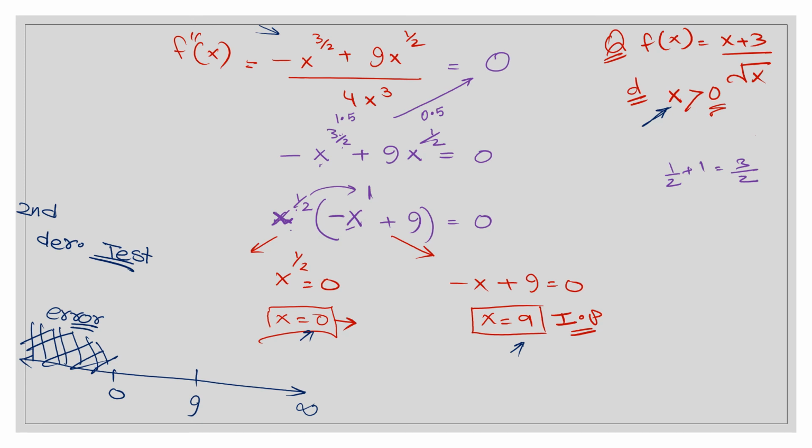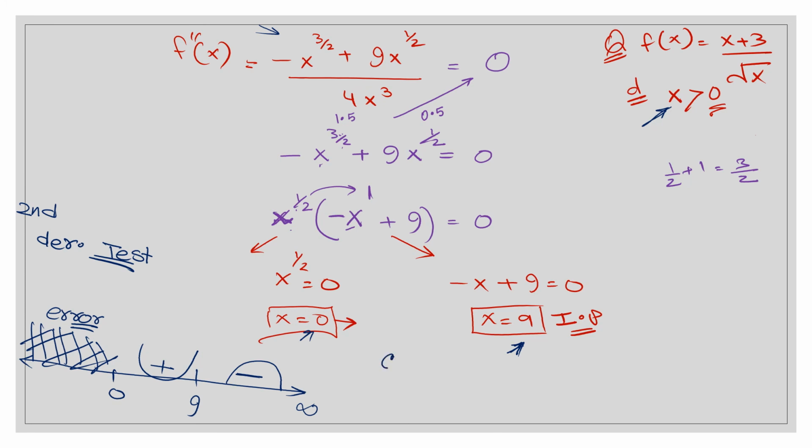So if we write here, for example, 5, we will get a positive number, and if we write a number greater than 9, you will get a negative sign. So you can see that positive means concave up and negative means concave down. Hence it is proved that x equals 9 is an inflection point.